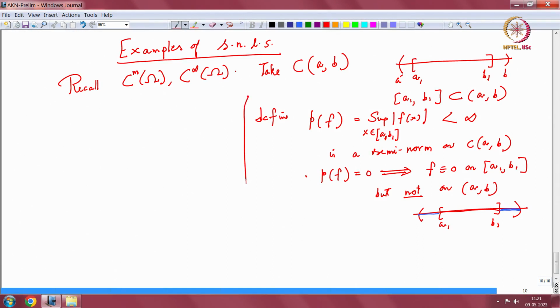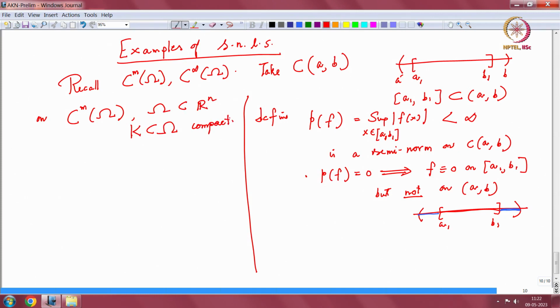Okay. So, this can be extended to more general sets. I can define now Cm. This same philosophy we will do on Cm of omega, where omega is a subset of Rn and K a subset of omega, compact.